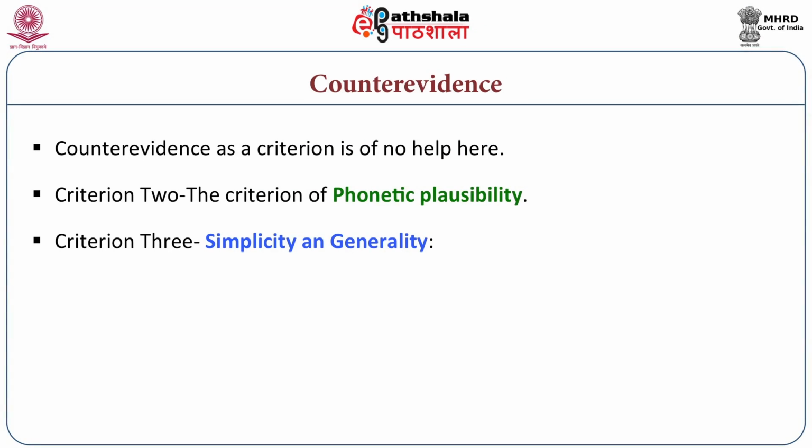Then in such a case, what we find is that the criterion of simplicity of description and generality of description, which means generality of course also means that there is no counter evidence to the generalizations arrived at. And simplicity, by simplicity, it means that you have the minimal number of rules to account for the data.